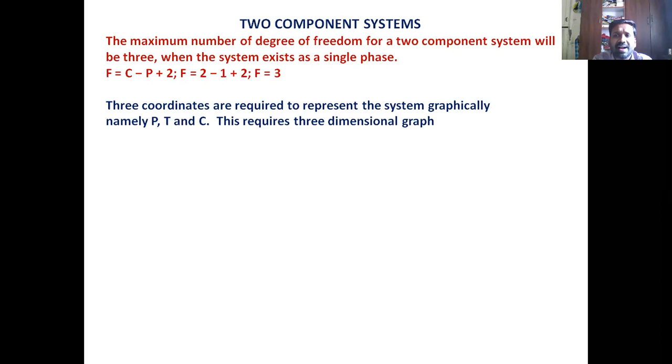So how do we represent this? Using a graph. Essentially, a phase diagram is basically a graph. Then we require how many coordinates? 3 coordinates. One belonging to pressure, the other to temperature, and the last one to the composition. But of course, I'm not telling it is impossible to construct a 3 coordinate graph, 3 axis graph.